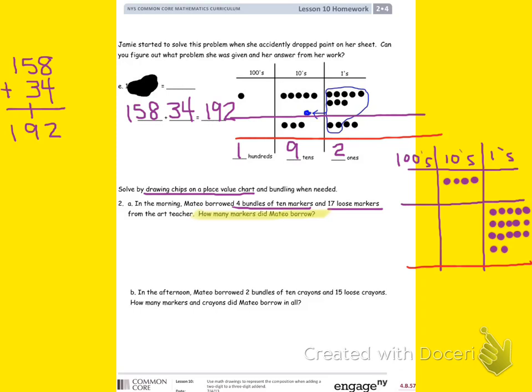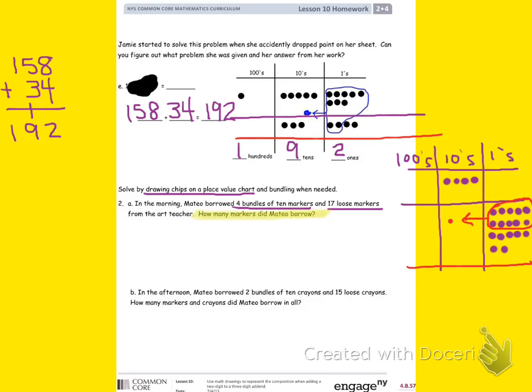Now I will add them together to figure out how many markers Mateo borrowed. As I look at the ones column, I see that they really need to be bundled up. So this right here is a group of 10. I will move those over to the tens place because it's easier to count by tens than by ones.